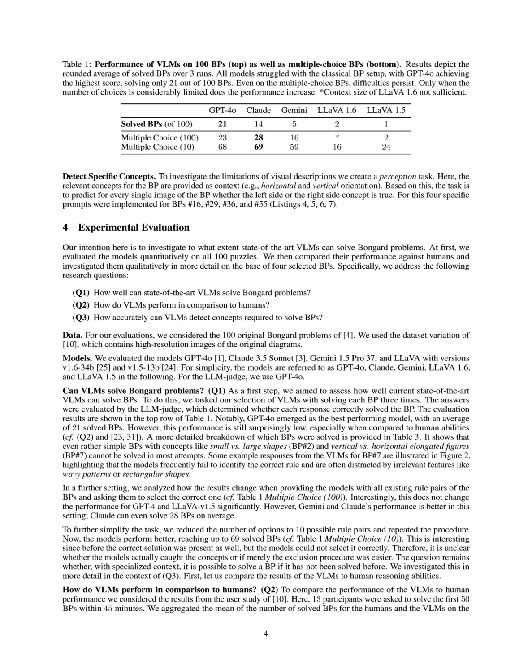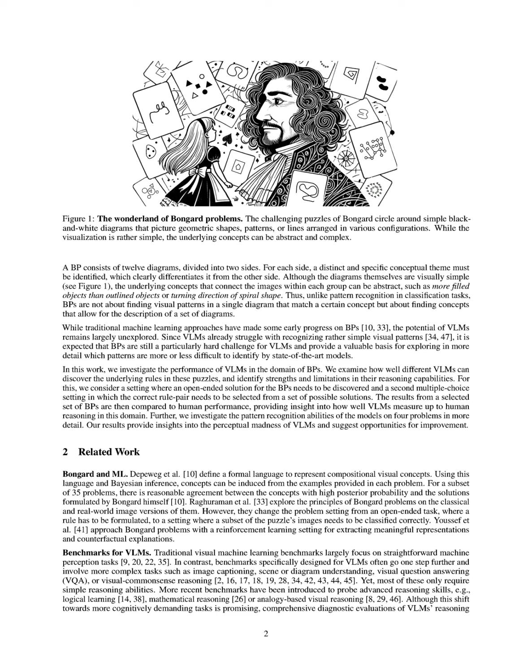Performance metrics include the number of correctly solved BPs, with results compared against human performance, which serves as a benchmark. The evaluation is further detailed through qualitative analysis of specific BPs, allowing for insights into the model's strengths and limitations in visual reasoning and concept detection.